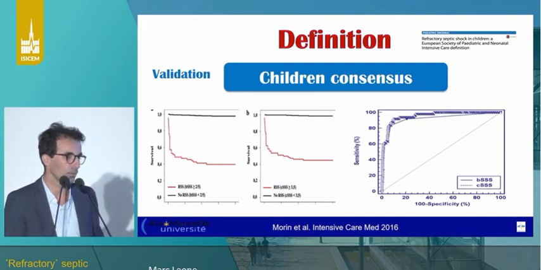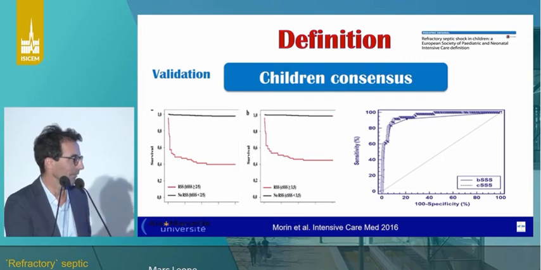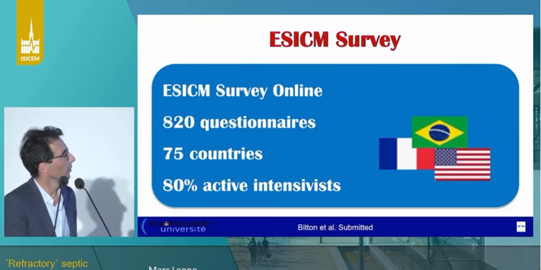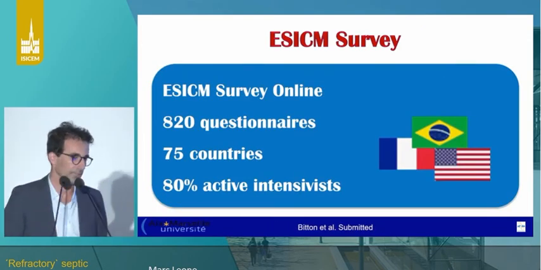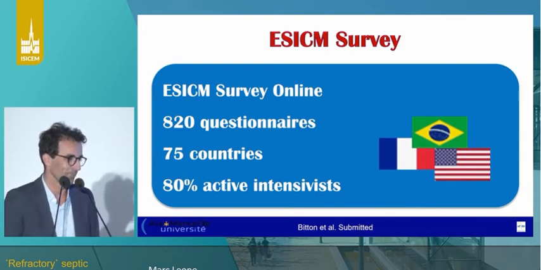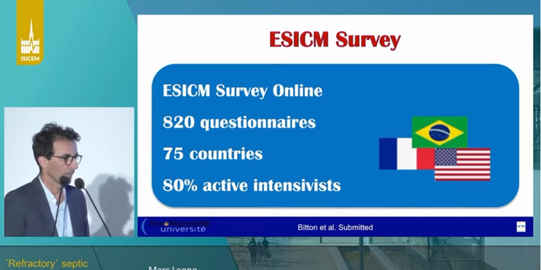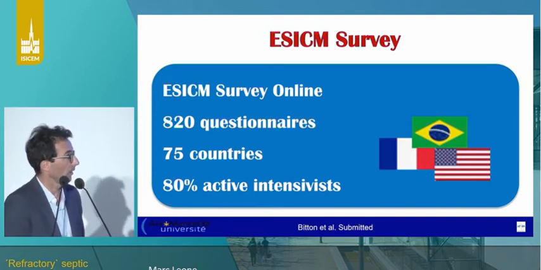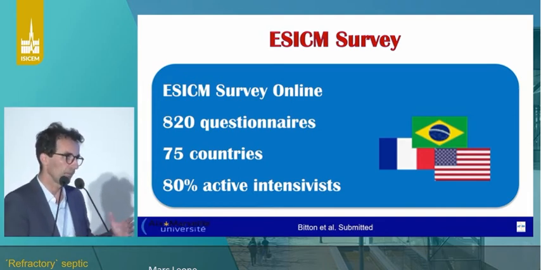So I tried to do that by myself, just as an example of what we can do. I used a survey we did with a group of friends with ISICEM. It was an online survey, a big survey, but I only used two questions.